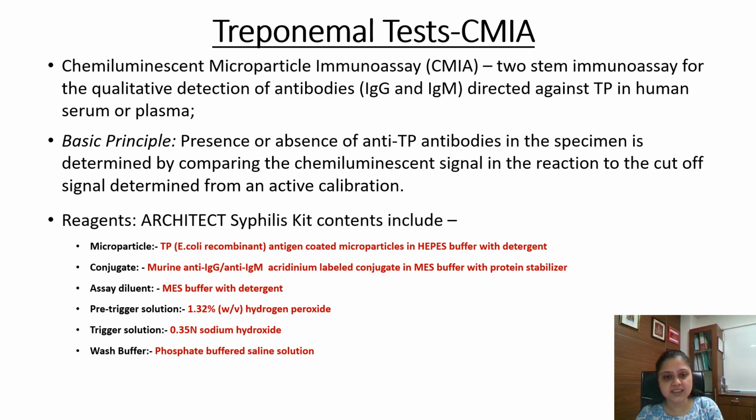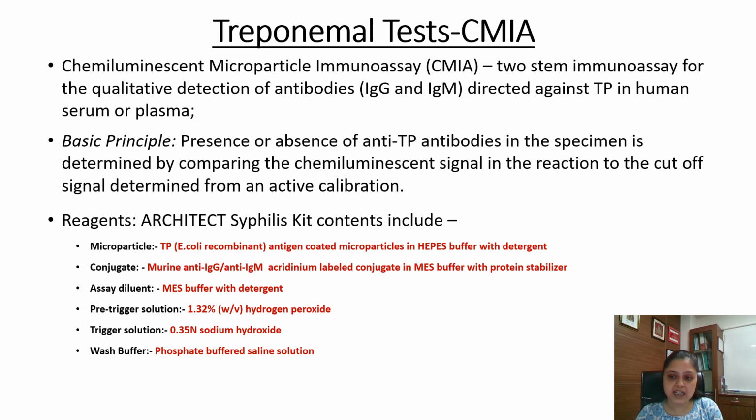This is done with a specialized laboratory setup, and these come with a specialized kit. The kit used for detecting syphilis consists of the following items: the microparticles, that is the TP antigen, E. coli recombinant, coated microparticles in HEPES buffer with detergent. Then we have the conjugate, which is a murine anti-IgG or anti-IgM acridinium-labeled conjugate in MES buffer with protein stabilizer.